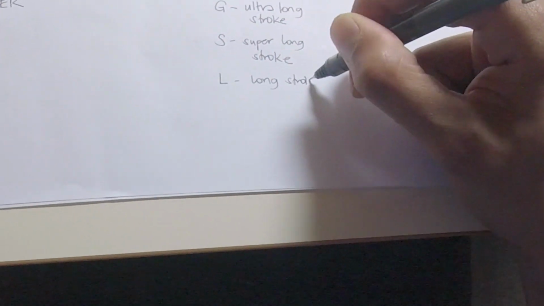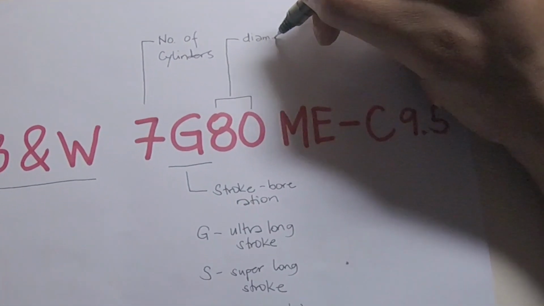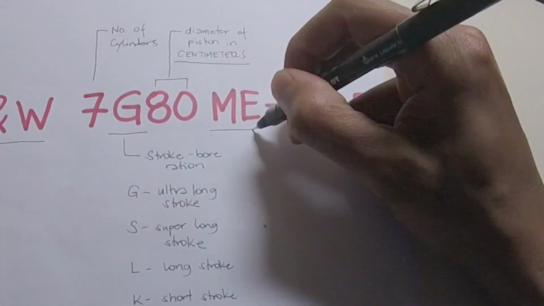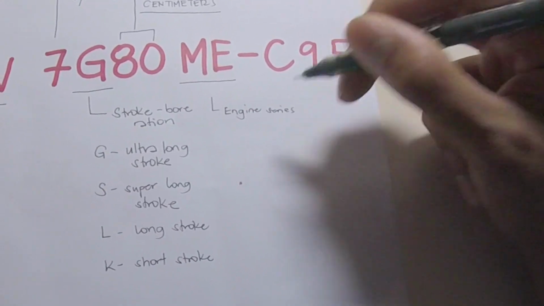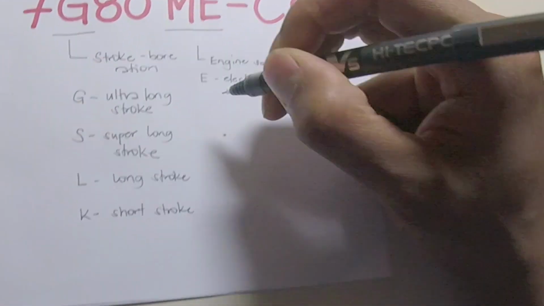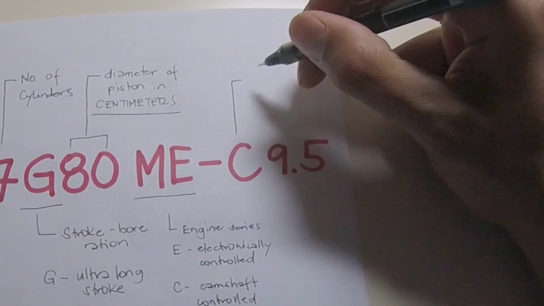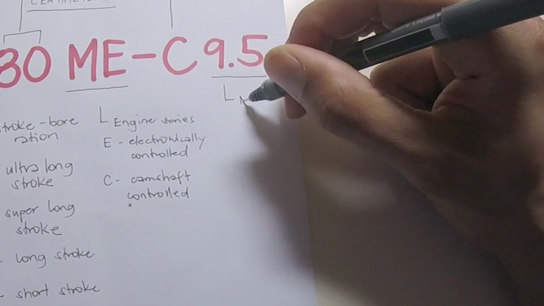L means long stroke and K means short stroke. 80 indicates the diameter of the piston in centimeters. ME indicates the engine series, wherein an ME is electronically controlled. In an MC series it is camshaft controlled. The C indicates that it is a compact engine, and the 9.5 is the mark number.